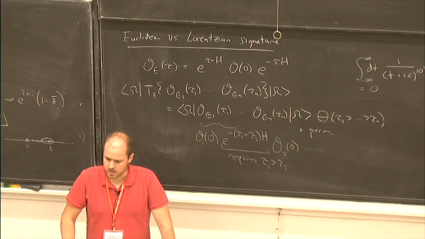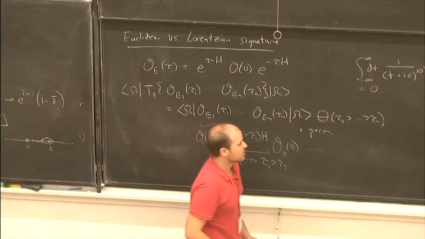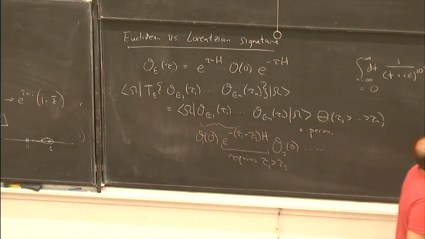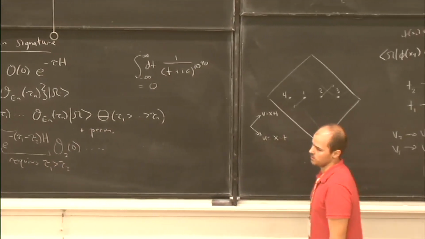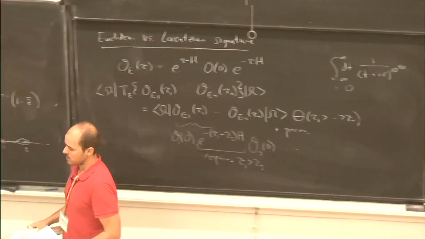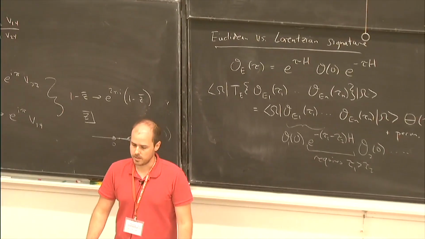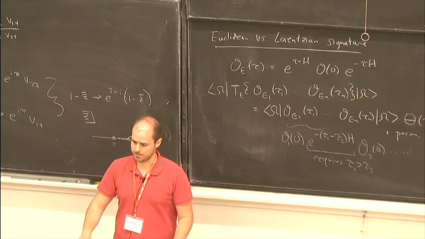I'm not sure what the statement would be for the cross ratios in a higher point function. But in a 4-point function, it's definitely true, because you can use conformal invariance to put everything on a 2-plane. And in a 2-plane, the cross ratios are just ratios of differences of v's and u's, and v's and u's are real in Lorentzian signature. If you think about something like the rho coordinate, then the statement is that it is always either on the real line or on the unit circle.